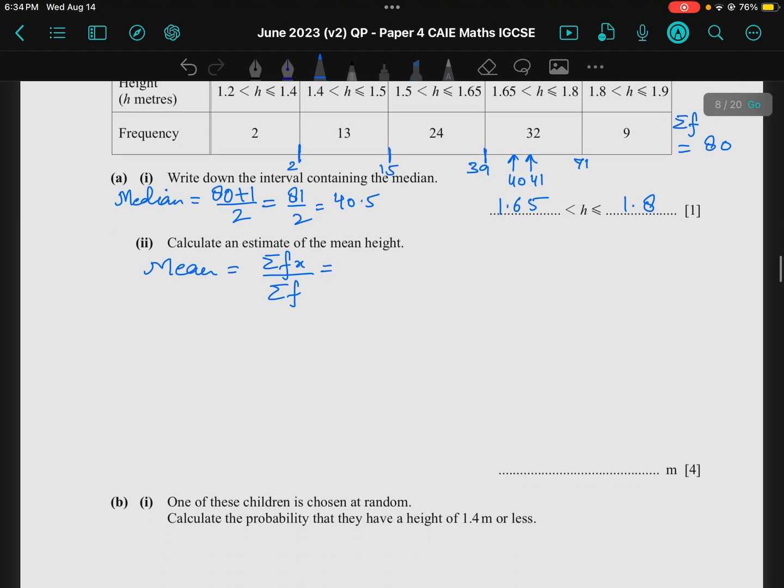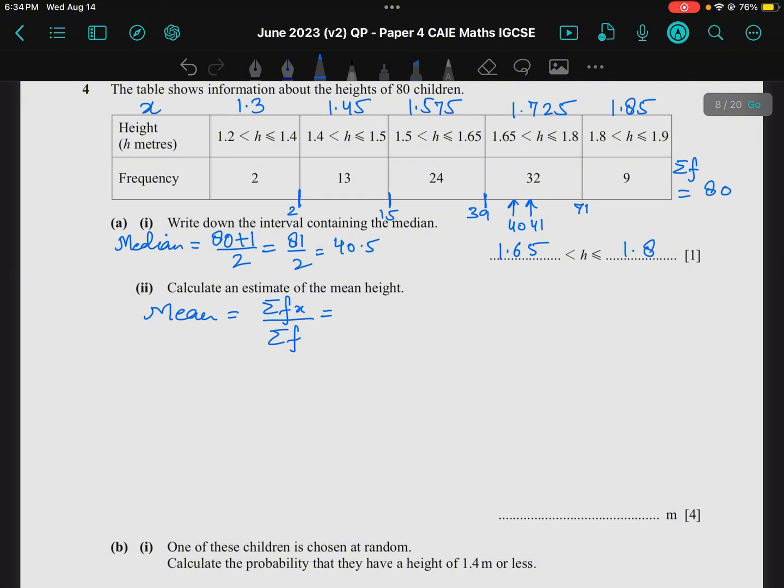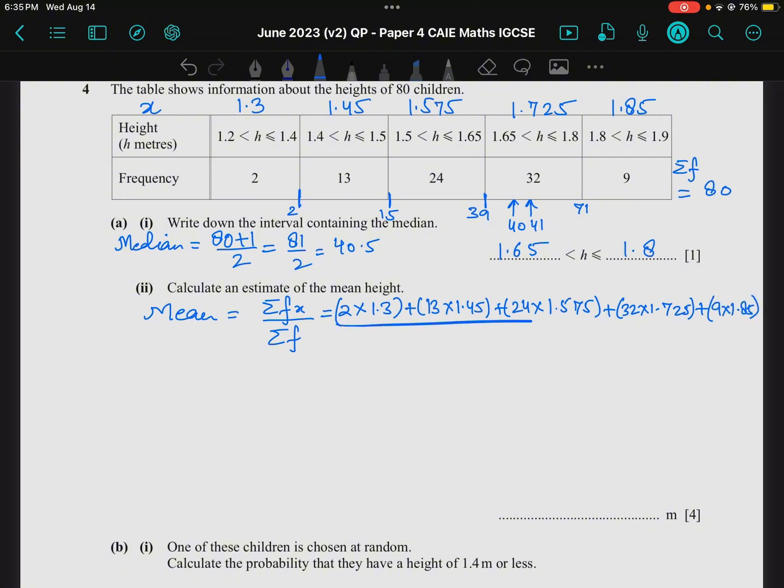Now summation fx means f is multiplied by x. That means first is 2 multiplied by 1.3, then 13 multiplied by 1.45 plus 24 multiplied by 1.575, then 32 multiplied by 1.725 plus 9 multiplied by 1.85 divided by summation of f, which is 80.